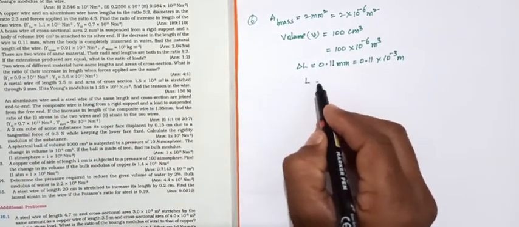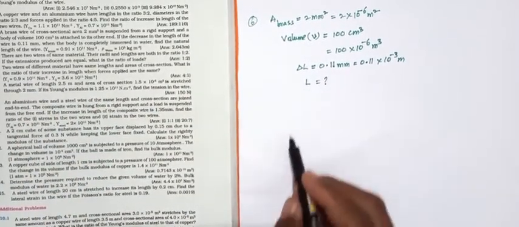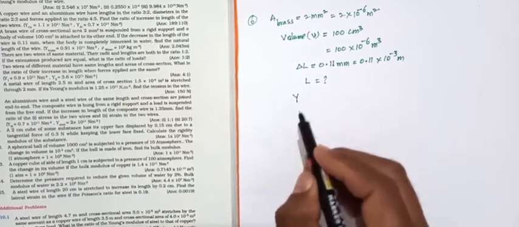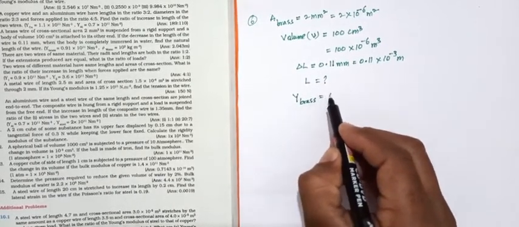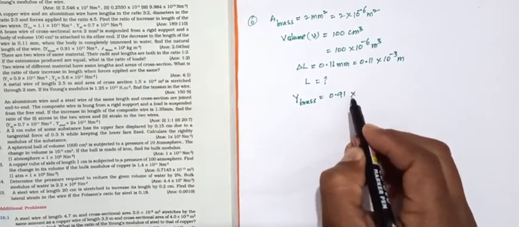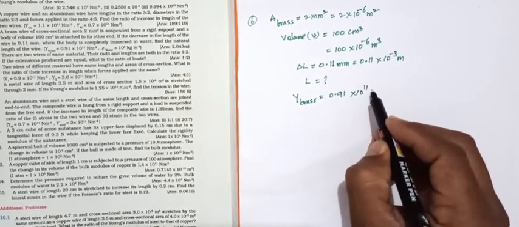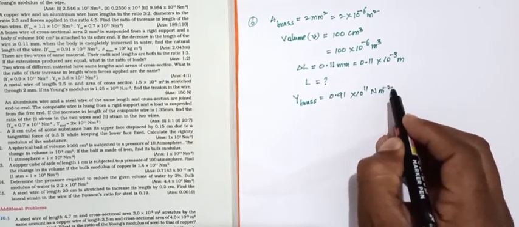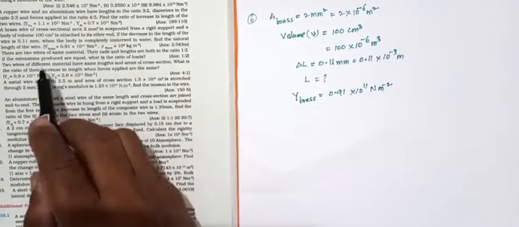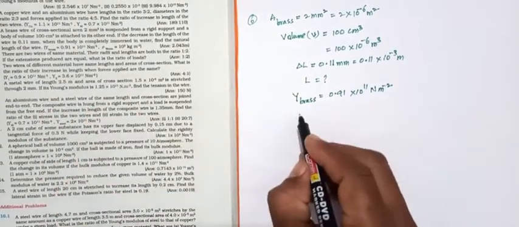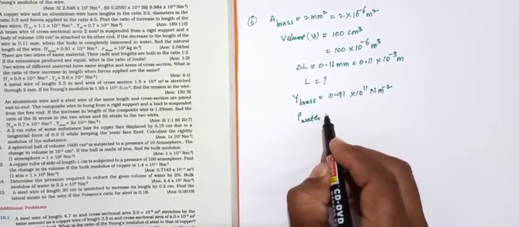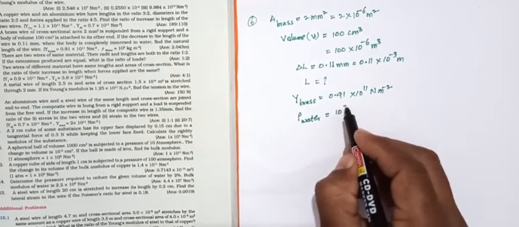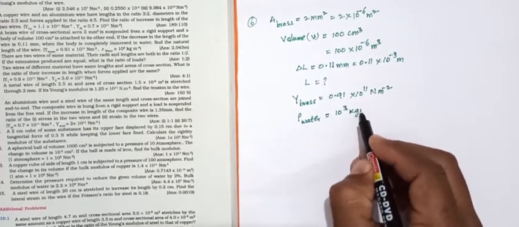So what is the natural length of the wire? Young's modulus is given. Young's modulus of brass equals 0.91 into 10 to the power of 11 Newton per meter square, and the density of water rho is 10 power 3 kilogram per meter cube.